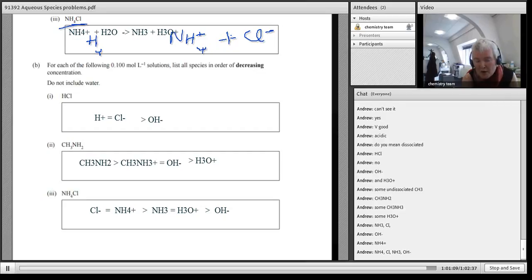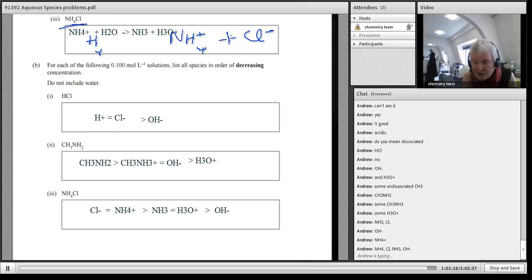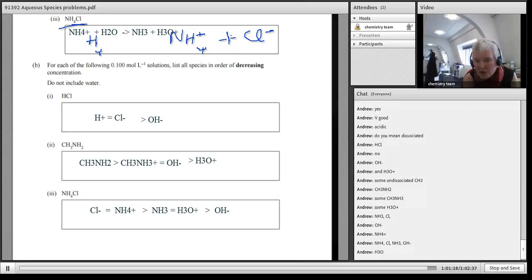And then, of course, from the water, I'm going to have the hydroxide. Yep, so you've got NH4Cl, that's correct. Always put equals or bigger than, so we know that it's not all the same. And the hydroxide is, of course, the smallest one, because ammonium chloride is an acidic salt.